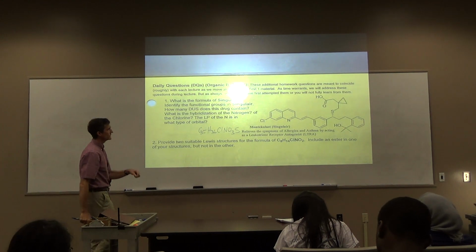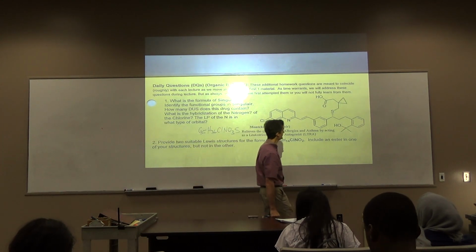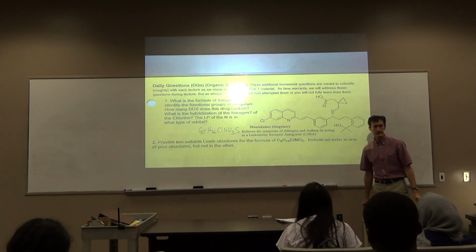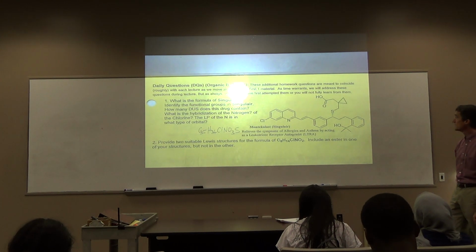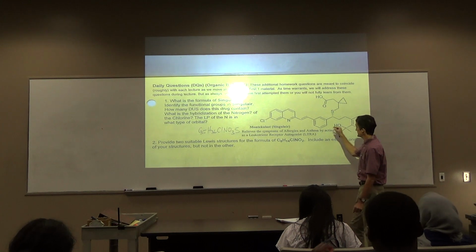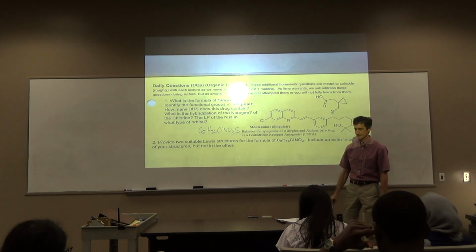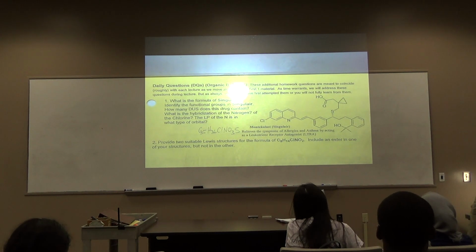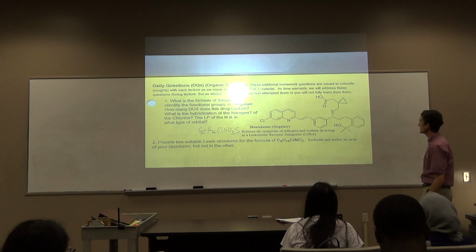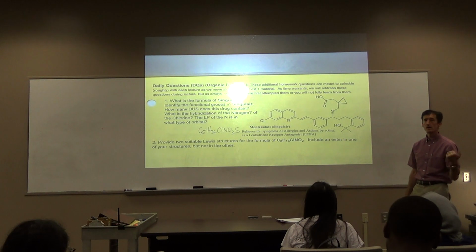What functional groups do you see? Carboxylic acid, halide. Aryl halide. Aromatic rings. This you can call an amine. It's kind of a heterocyclic, and it goes by a different name, but amine would work. Anything else? Alcohol. Sulfide.